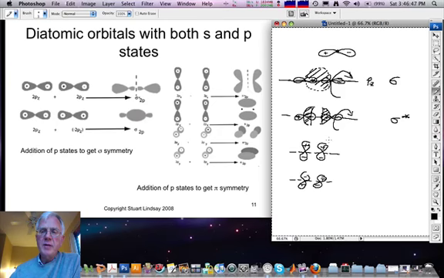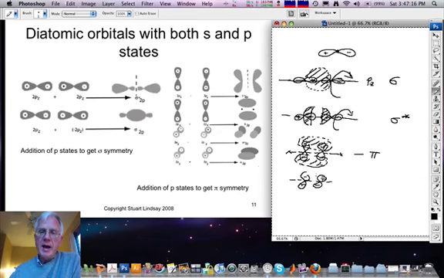Where they have the same sign, they build up a region of increased probability amplitude and therefore increased probability density along regions that now lie adjacent to the line joining the two atoms. And so these no longer have sigma symmetry. This is referred to as the pi bonding state.